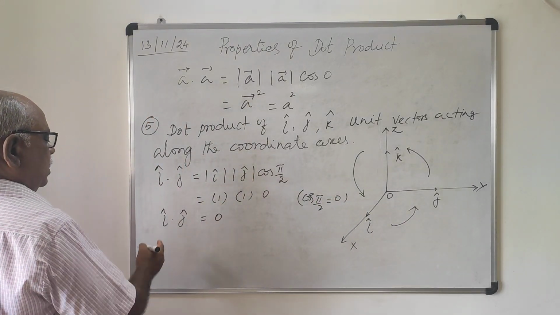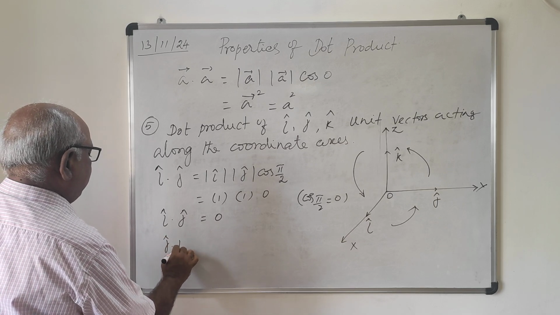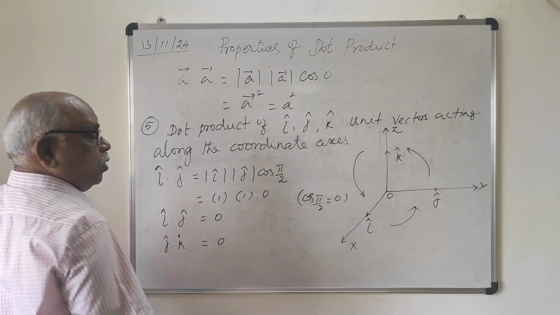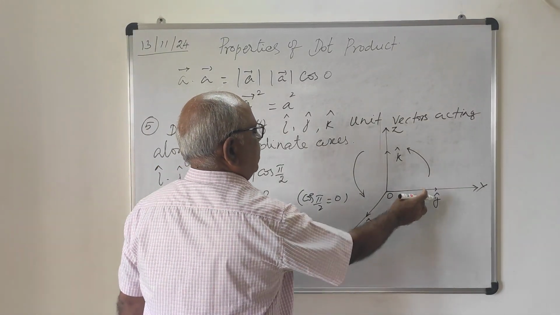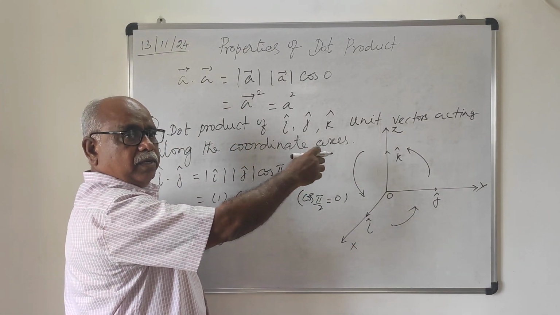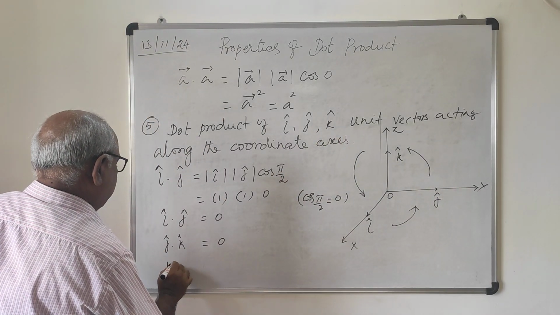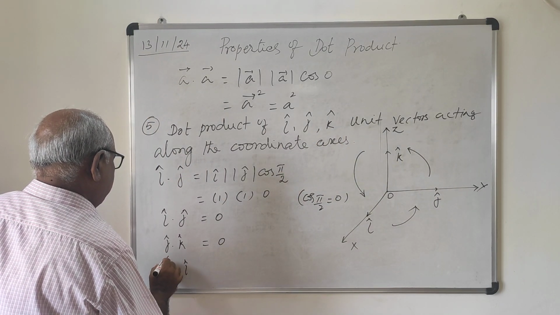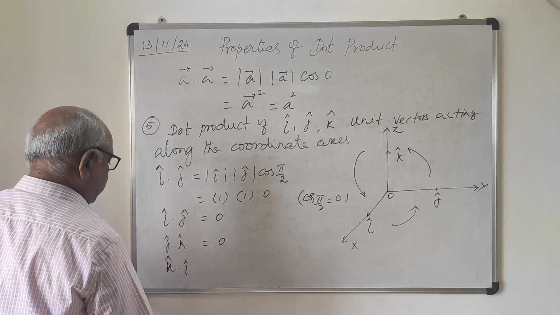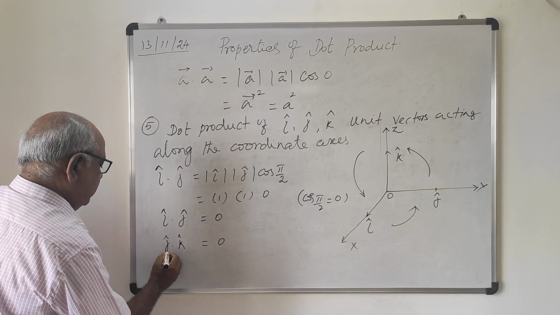Similarly, j dot k. j and k are perpendicular, therefore j dot k is also 0. If two vectors are perpendicular, the dot product is 0, as we have seen. So i dot j is 0, j dot k is 0, and k dot i is also 0 because k and i are perpendicular.